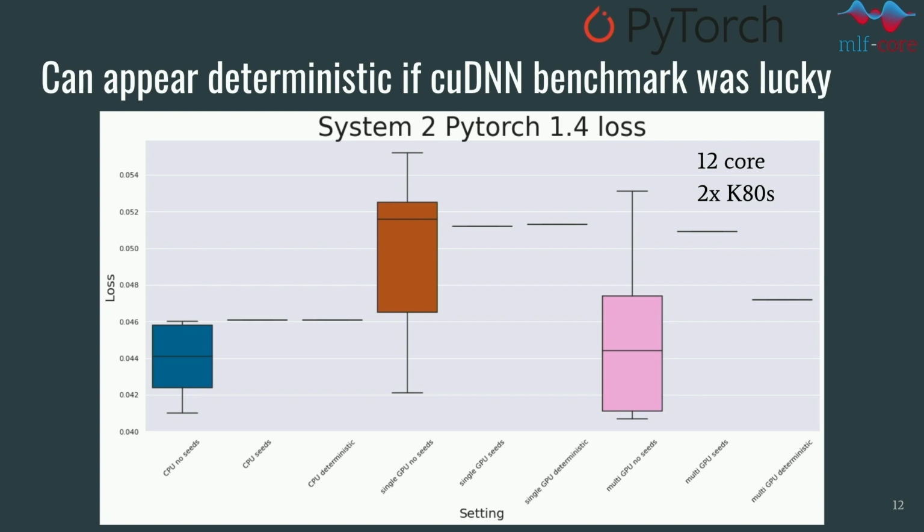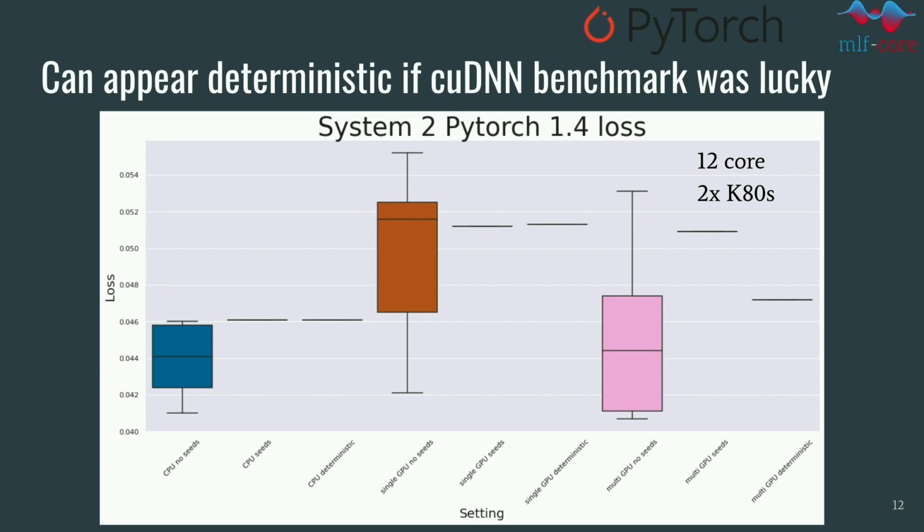Now, this is not what we expected, because in the plot earlier that I've just shown you, I've told you, okay, if you only enable the random seeds for GPUs, then you don't necessarily get a deterministic result. So why could that be? One reason that this could be attributed to is that the underlying neural network implementation that NVIDIA provides, which is basically called cuDNN, has a benchmark setting.